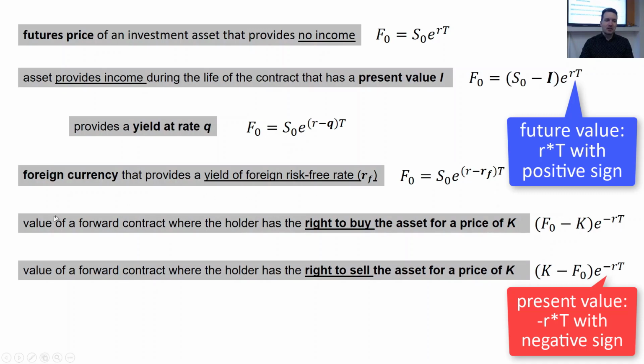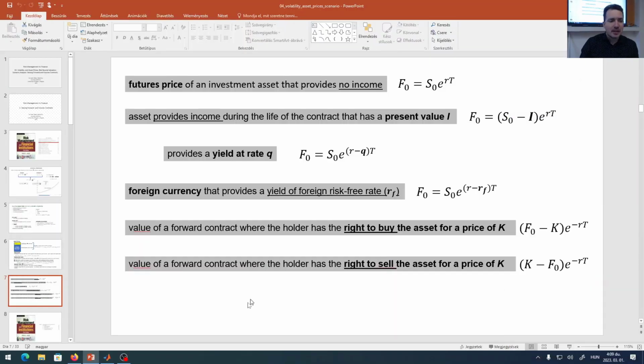And of course, what is the value of the right to buy an asset at the future price? The value of the right to sell will be back and forth. So let's build up these things from the ingredients.